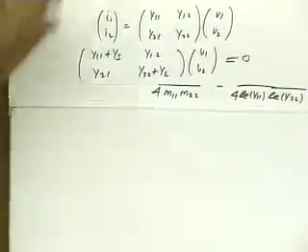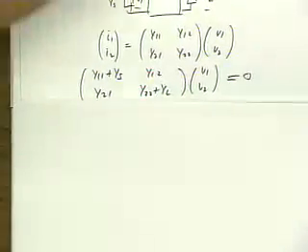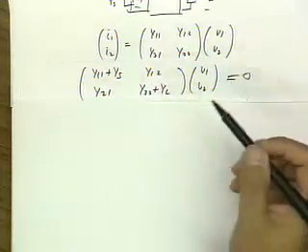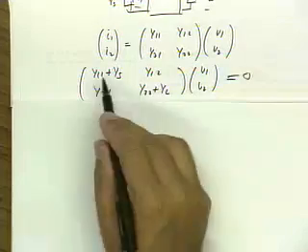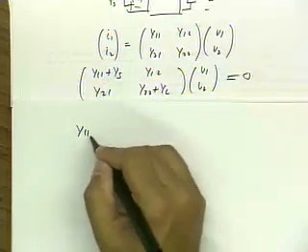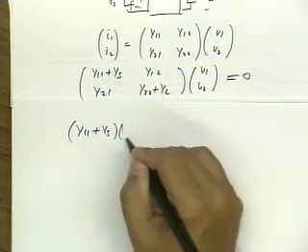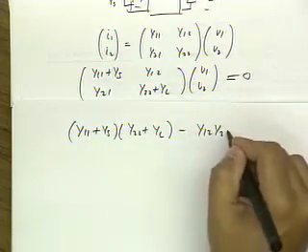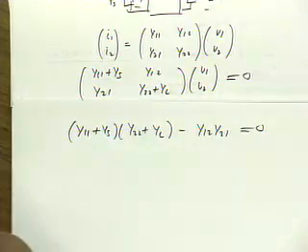In other words, we want the null space of this to only have the trivial solution, V1, V2 equal to 0. So if I take the determinant of this matrix, it's simply Y11 plus YS times Y22 plus YL minus Y12, Y21, and we set this equal to 0.